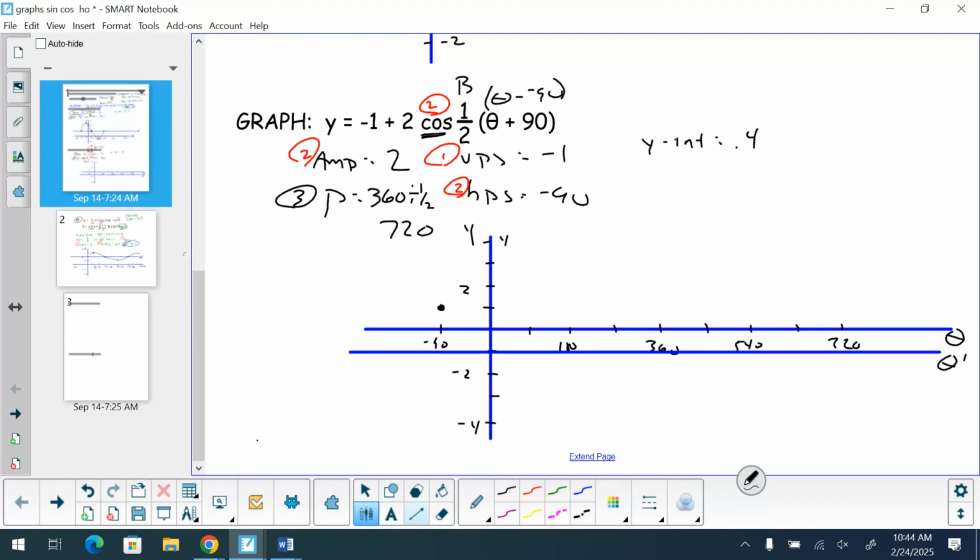The easiest way is just take the horizontal phase shift and add the period to it. So we have -90 plus 720. Alexa, where are we at? 630. We'll be at the exact same spot.